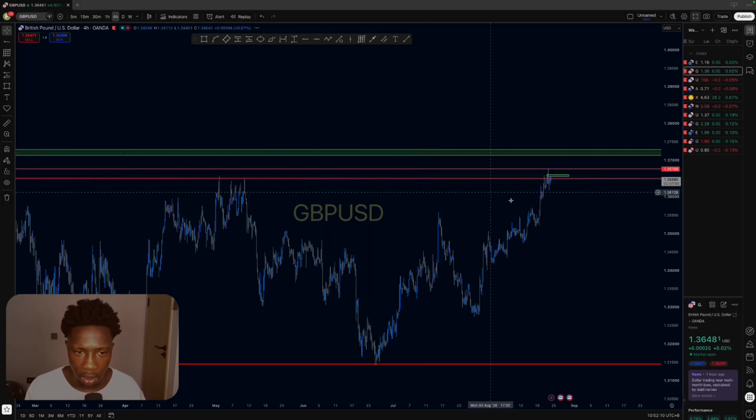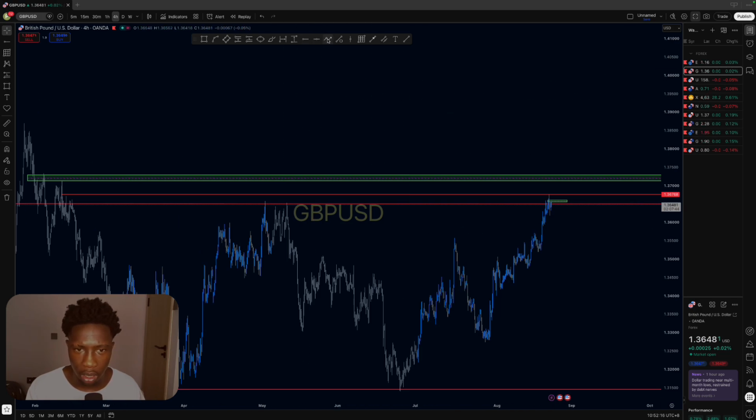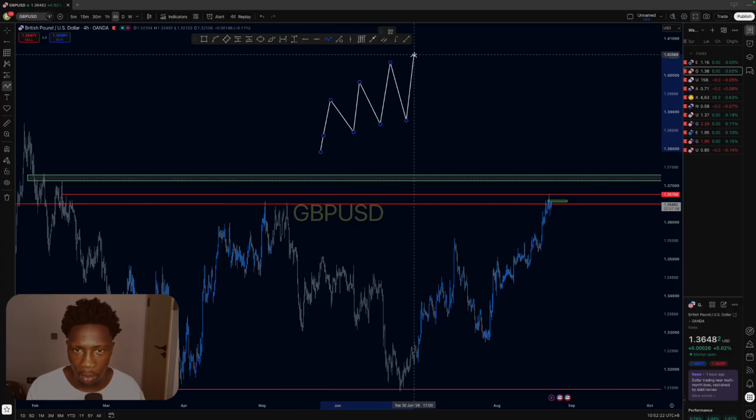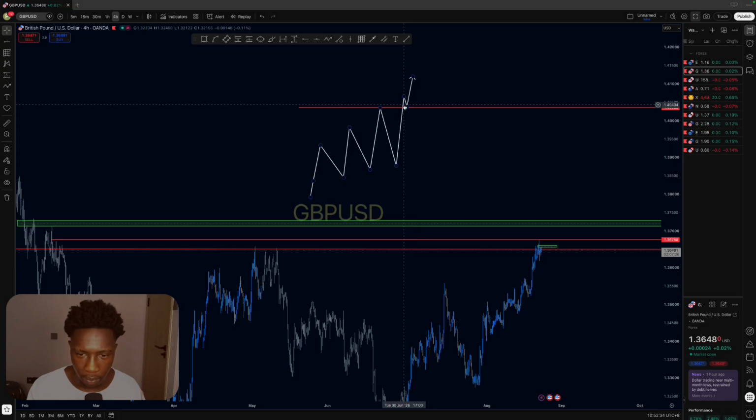You see, when the market is moving like this and reaches right here, it will create a pullback like this. So I think this area is the same. This one is the same as this one.